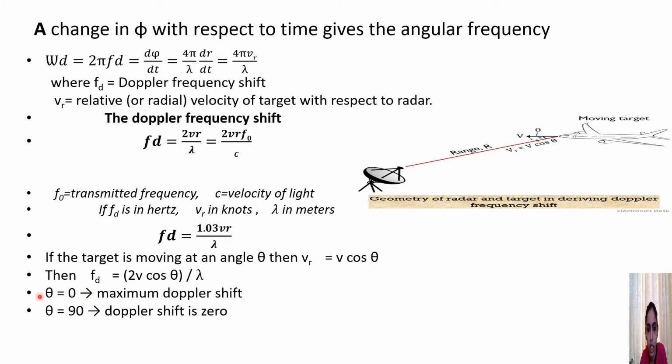When theta is equal to 0, we get the maximum Doppler shift, and when angle theta is equal to 90 degrees, the Doppler shift is equal to 0. Since cos 0 has a value of 1, we get the maximum Doppler frequency shift.